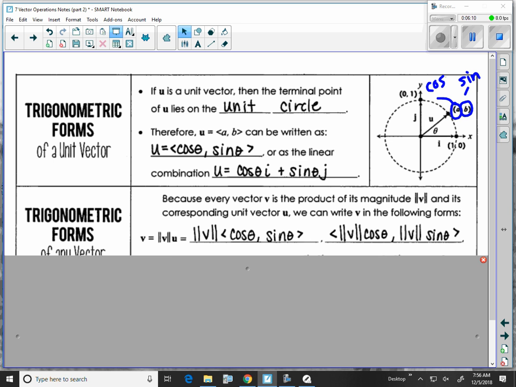Then from there, if we're talking about every vector, not just unit vectors, we take that cosine and sine and we multiply it by the magnitude. That's what's happening right here. So we basically find a unit vector that goes along with that regular vector.